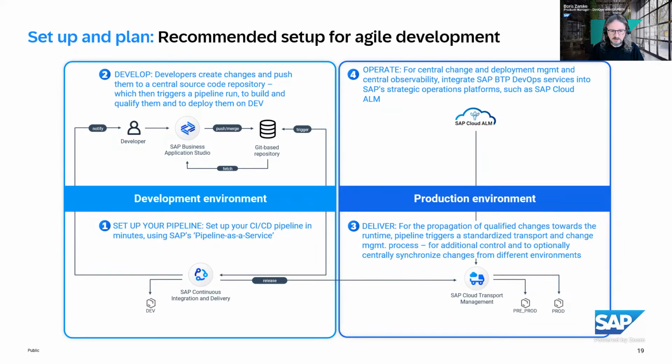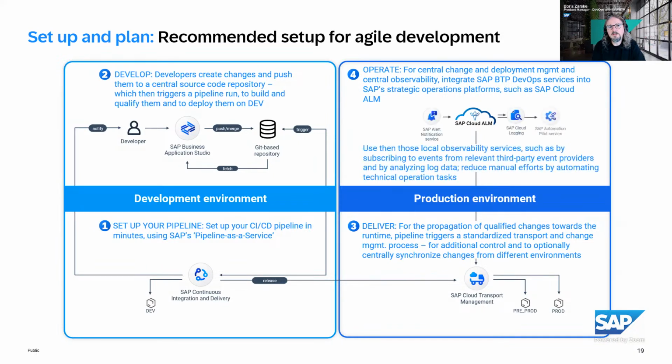Think of the case where you have a hybrid application, meaning you change something: you have a UI developed on BTP, you might have maybe some integration flows, you might have also maybe some changes in the backend for an API enablement. And here you can really bring all those different changes from the different environments into one change in SAP Cloud ALM, and then control the delivery across the different environments in a centralized way.